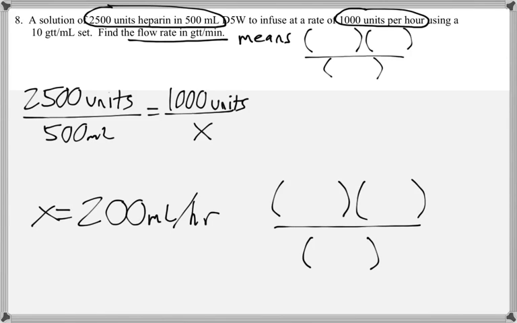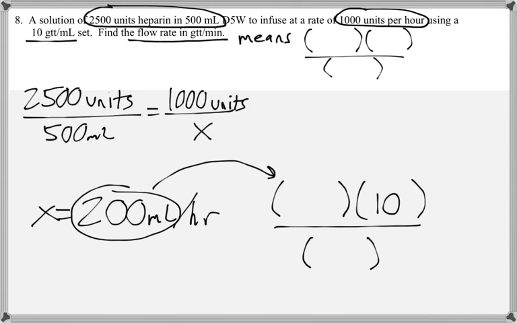So they are using a 10 GTT per milliliter set, so this will be 10 here. And then I actually get both of the other blanks from my answer. So they tell us that it's 200 mLs. So that's going to go here.